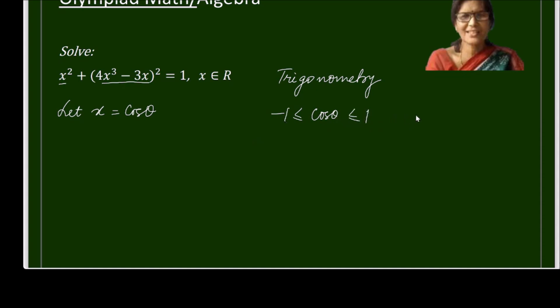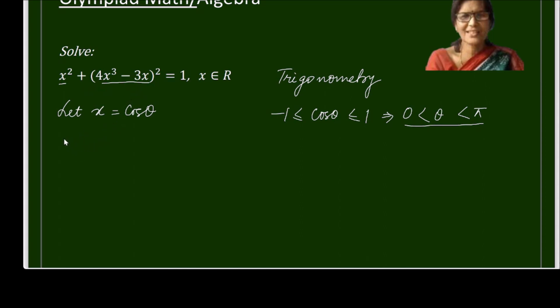So theta must be in between 0 to pi. It can be 0, it can be pi also. Let us check. So I am taking this interval from 0 to pi. It may be equal also, but I am not taking here.